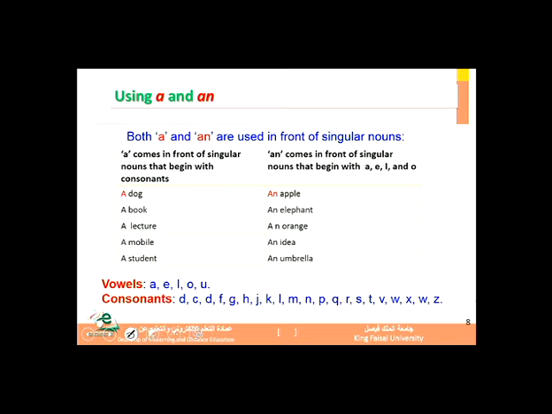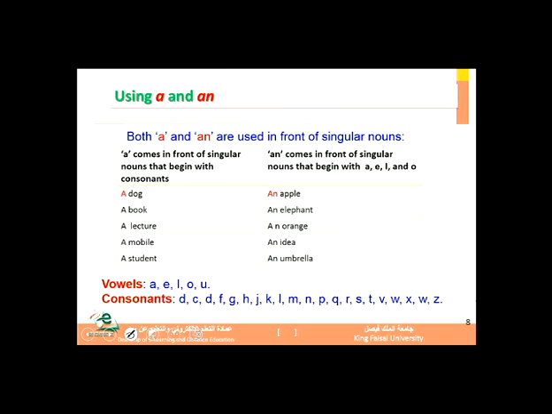Consonant means a sound that is produced with some obstruction to the airstream. While when you say a, o, e, those sounds are what we call vowels. They come out of our mouth without any real obstruction, so we call them vowel sounds. This is a distinction of all the vowel sounds and the consonant sounds in English. If you try to read the vowels aloud, you find them very easy to pronounce.